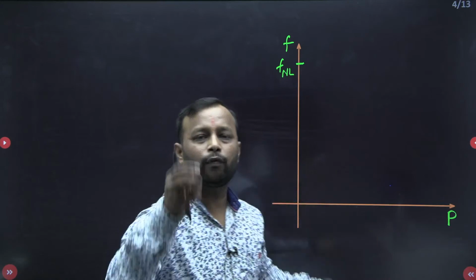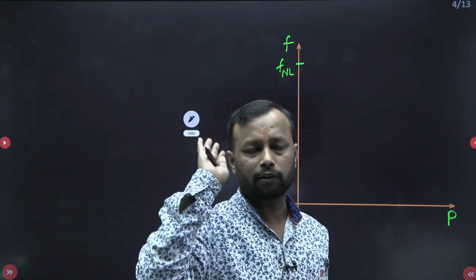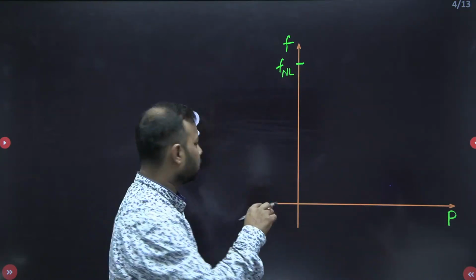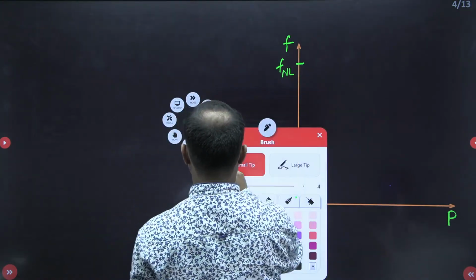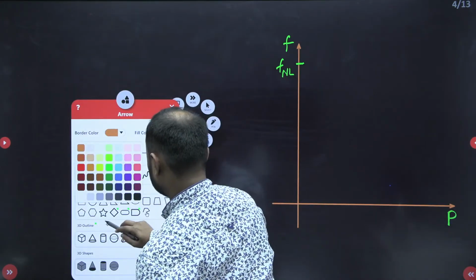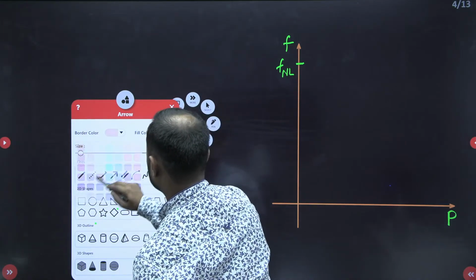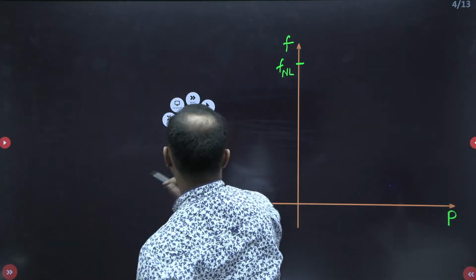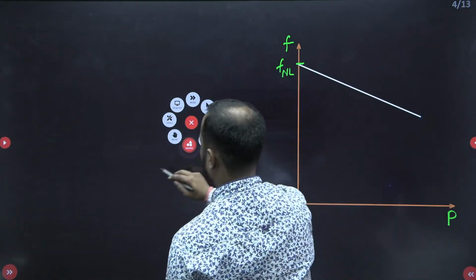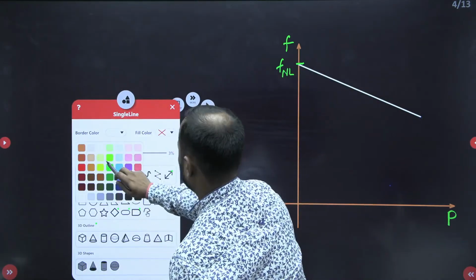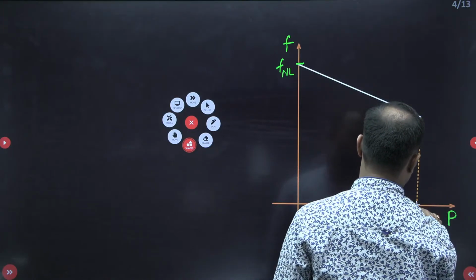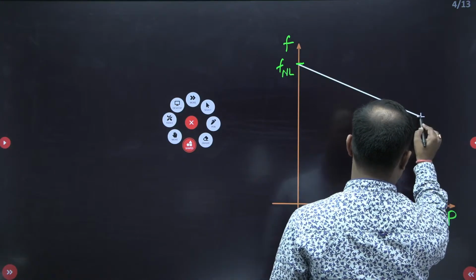But as I told you, when you put a load on the synchronous generator, the frequency decreases because the speed decreases. So see the curve. Just a second.